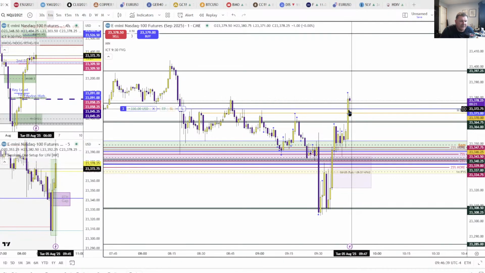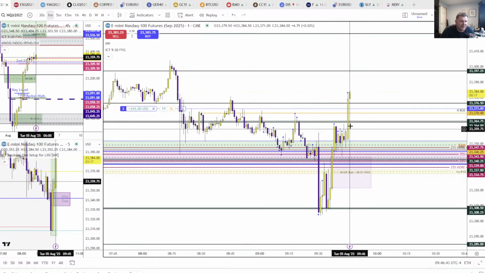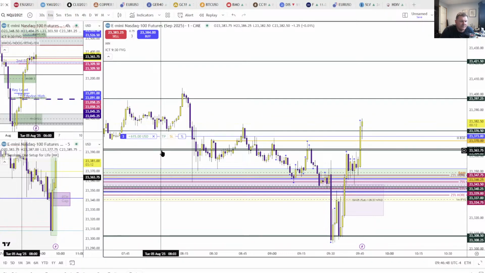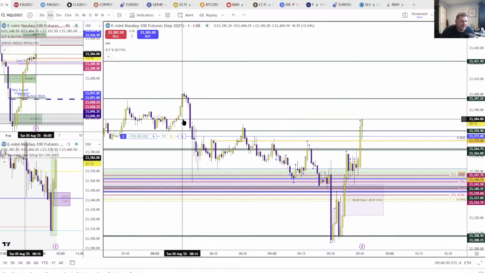You may still get an institutional order flow entry drill right here, or a 50% return right here. So first target's here.